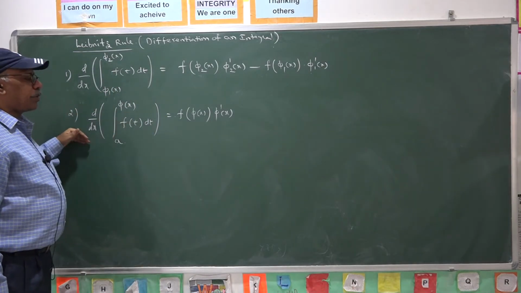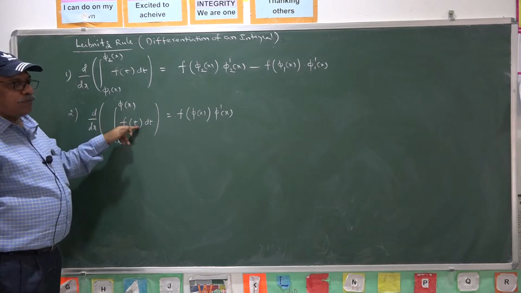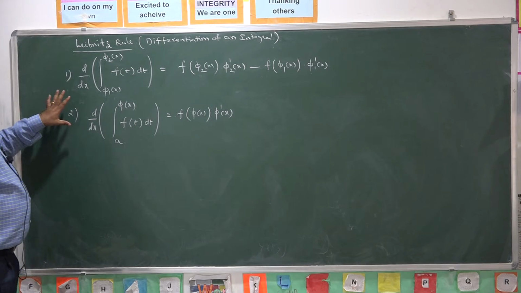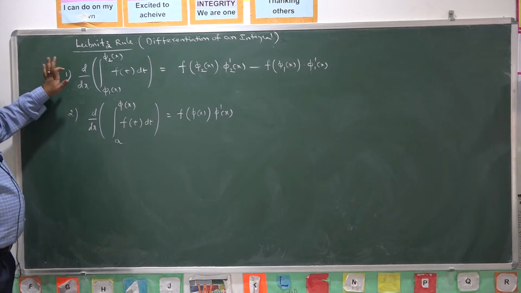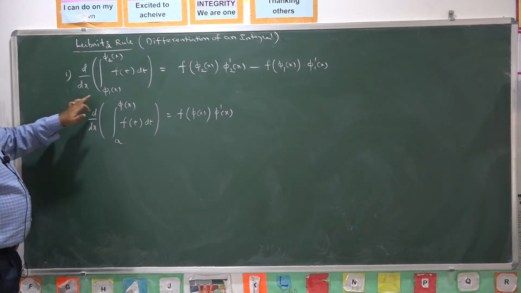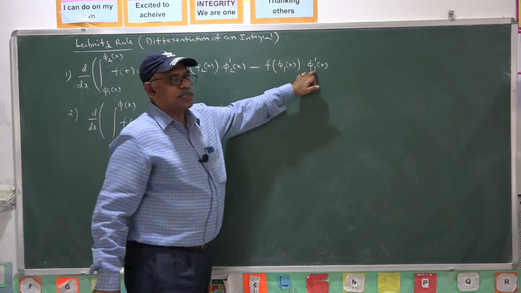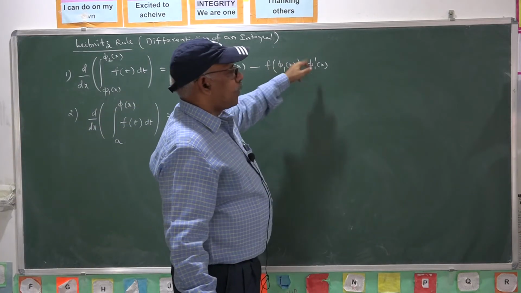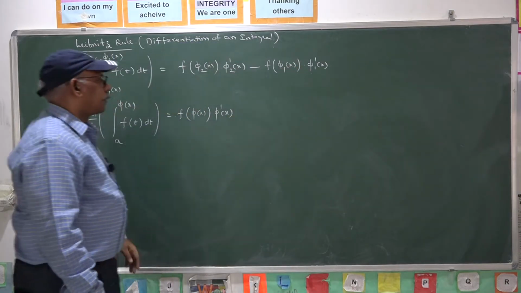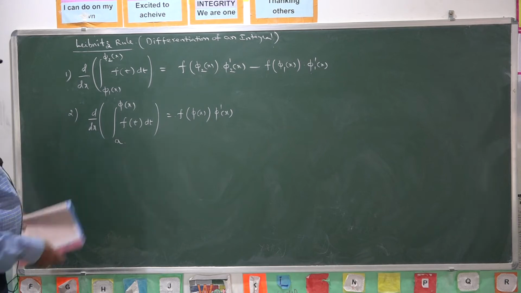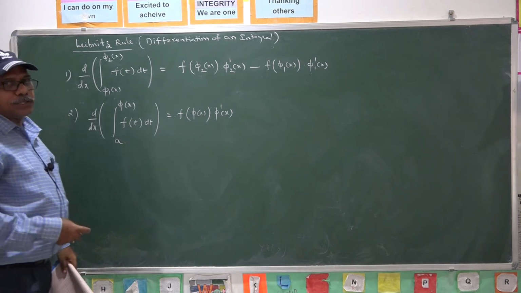Hence straight away you can take f of phi x into phi dash x. This is also obtained from this formula only, taking phi 1 as a constant function. This derivative becomes 0, hence this term vanishes in the formula. So, using this Leibniz rule, we have certain problems related to increasing and decreasing functions.